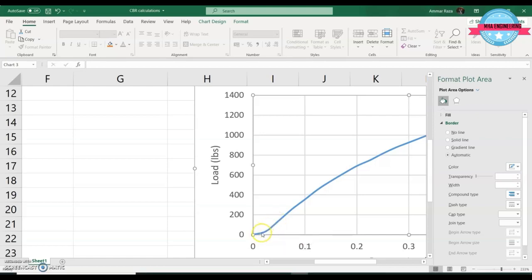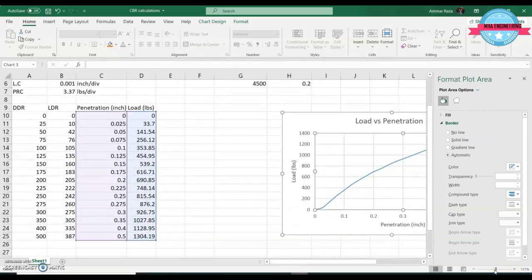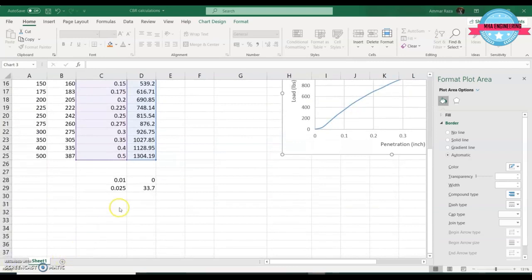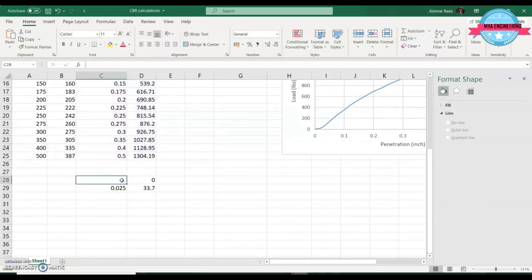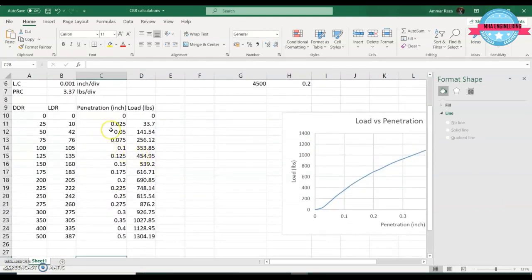So this is not following at the start the trend of our load versus settlement curve or load versus penetration curve. So we just have to draw a tangent at the part of the curve that's concaving upwards. And how we'll do this is you have these points over here, 0.25, 0.05, and these ones over here.